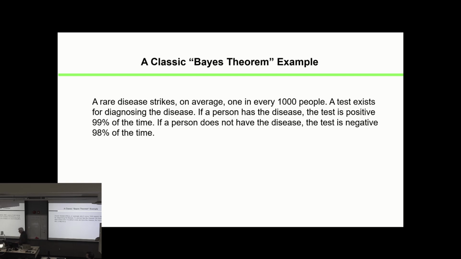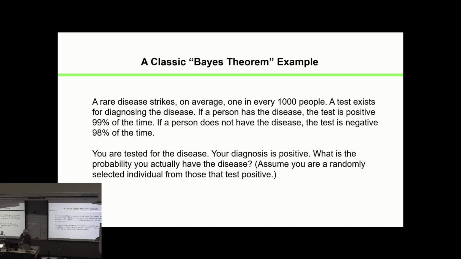There are a lot of diseases that we are scared silly of, which occur much less frequently than 1 in 1,000 times. There are lots of medical tests too. We can think of the COVID screening tests, which are not near this accurate. So you are tested for the disease.